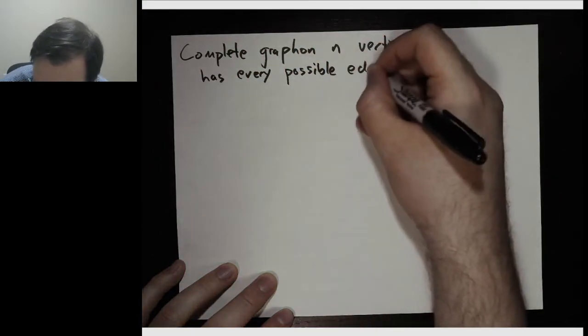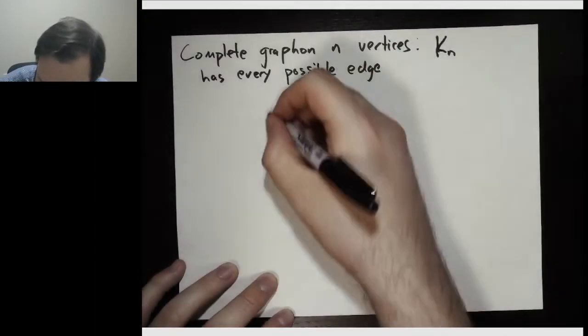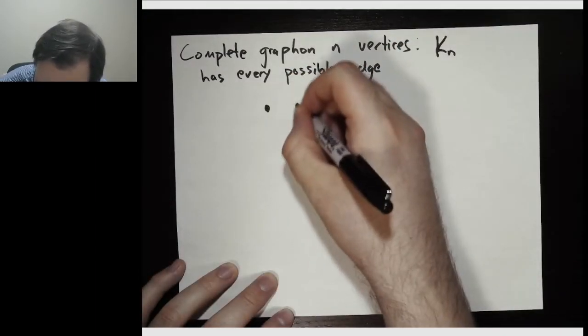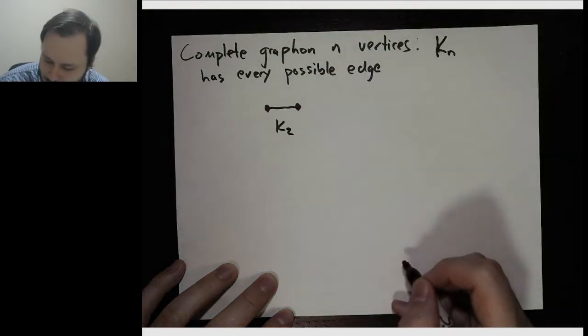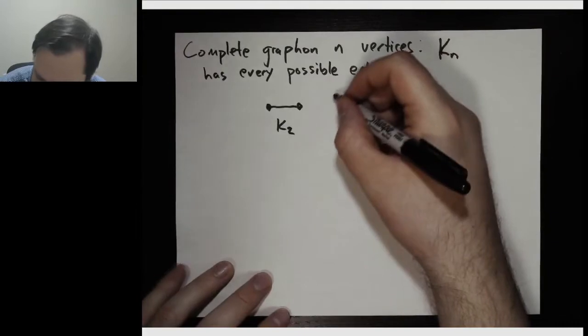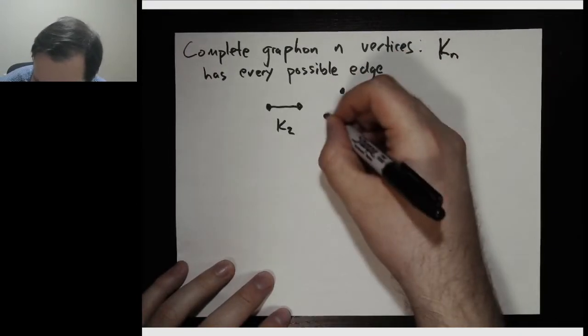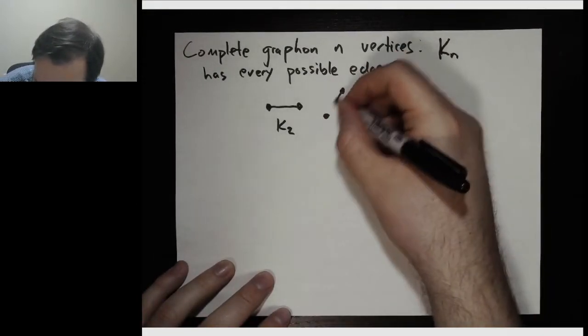That's what makes it complete. So if I look at K2, I have two vertices and I have the one edge that's possible between them. K3, I have three vertices and every possible edge between them.